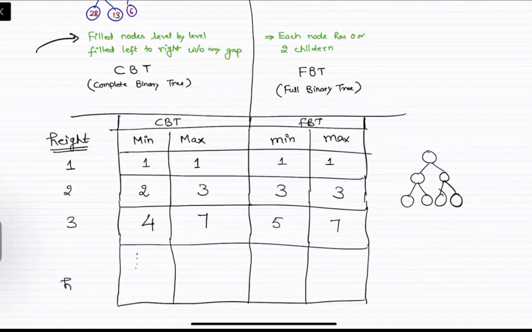For H, what will be the formula for minimum? What is your generalization? Yeah, 2 power H minus 1, and maximum is 2 power H minus 1. Is that right?